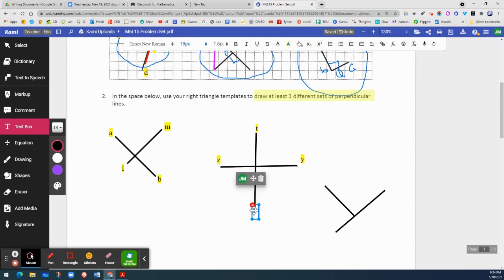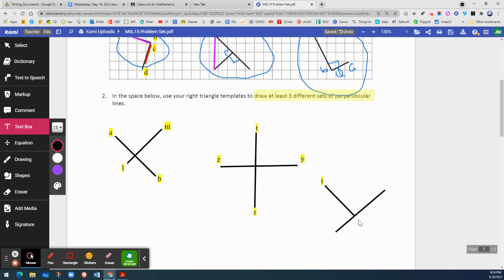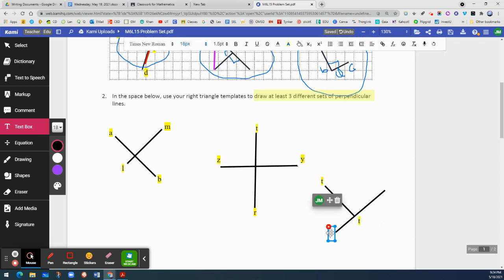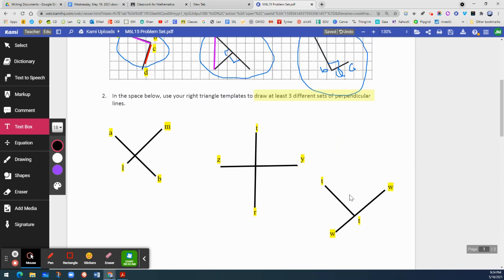So you can say the segment ZY is perpendicular to segment TR. If you do the same thing on this one, you will be able to read it that way. For example, this will be the TR segment, and this will be the WV segment.